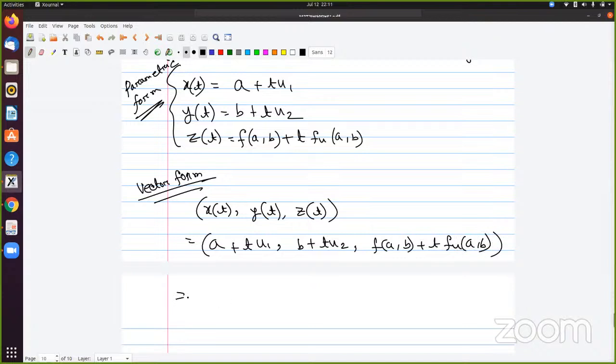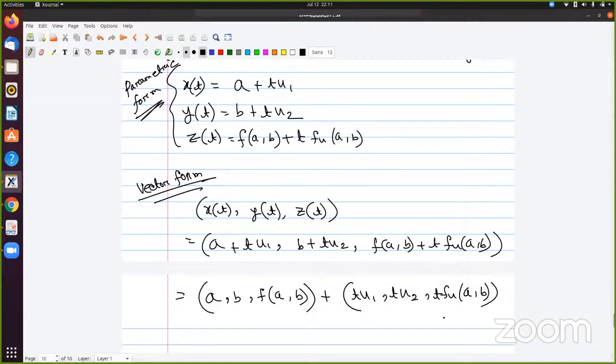Now using the property of vector addition, we can separate these two. Coordinate-wise addition, if we do, then we will get back to the second step. And now we can take this constant, this parameter, outside.